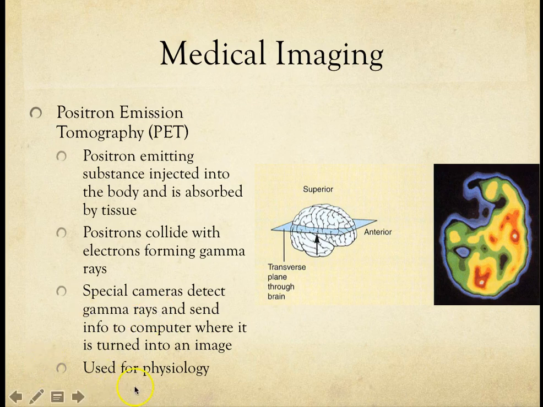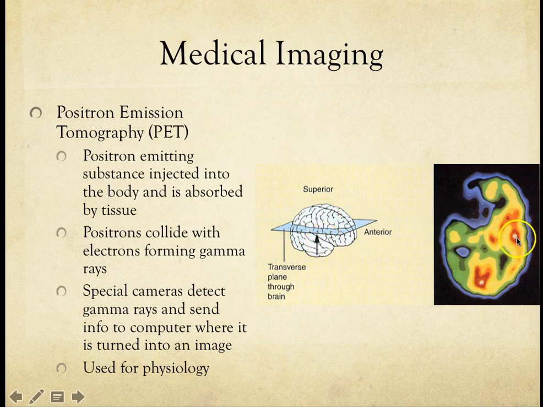So this is used in looking at physiology, not so much looking to see if there's a structural deficit, but whether or not there's a deficit in function. Because again, if you're not functioning properly, you won't use glucose properly, right? So in this image that you're seeing here, there's this transverse plane cut through the brain, and you're looking at it kind of looking up into the brain.